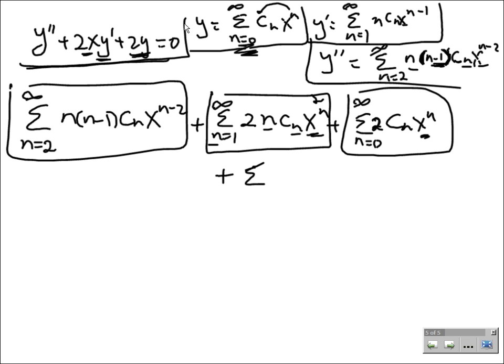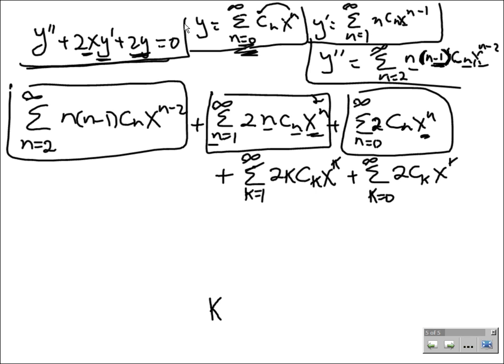They could have been n plus 3, and then I would write k plus 3. So for right now, that's how I write k. The summation as n goes from 1 to infinity of 2 n c_n x to the n, plus, same game over here, the summation as n goes from 0 to infinity of 2 c_k x to the k.